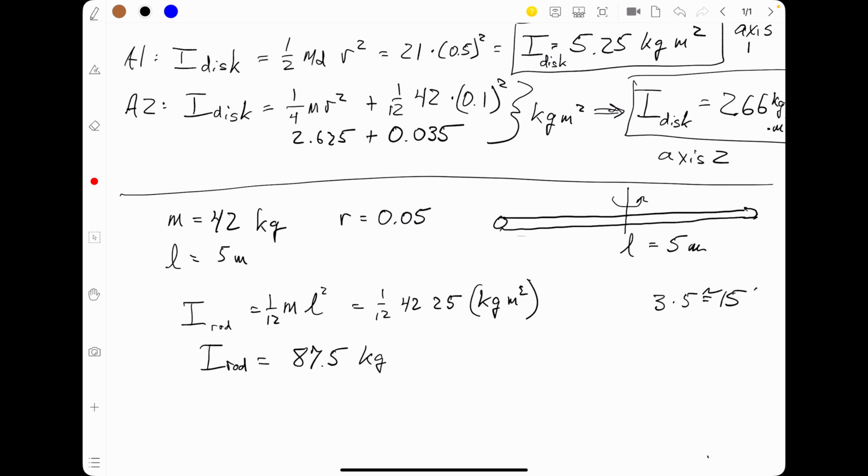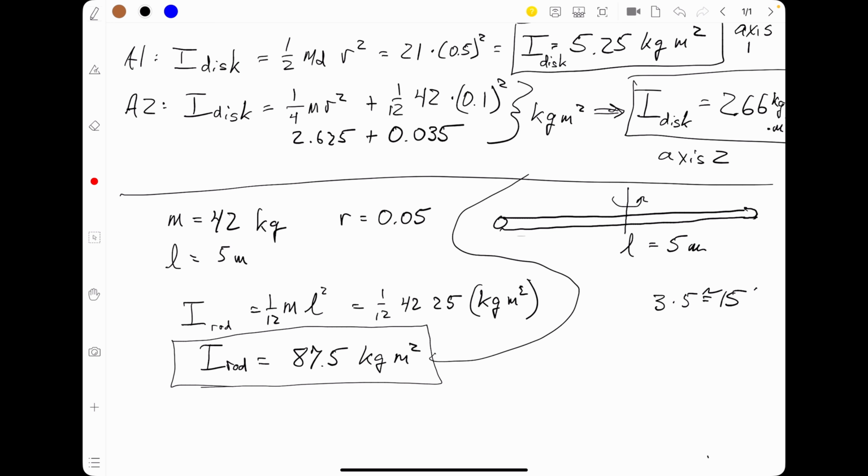Take a long piece of rebar, 42 kilograms. 42 kilograms is heavy. And try and spin it around the middle. It's not easy. So doable. You can do it. A person could do it. It's just that's why it's so incredibly much more than this one here.